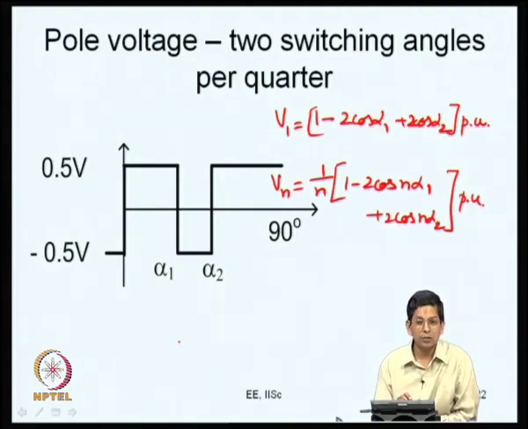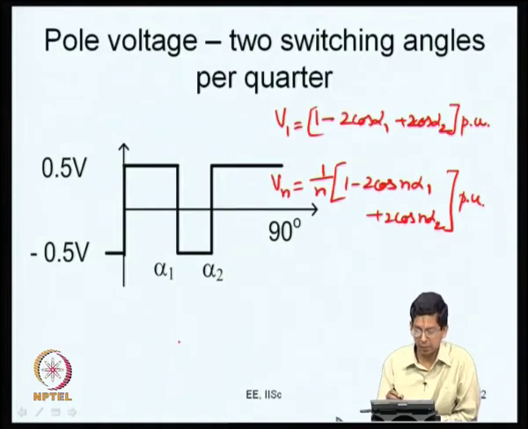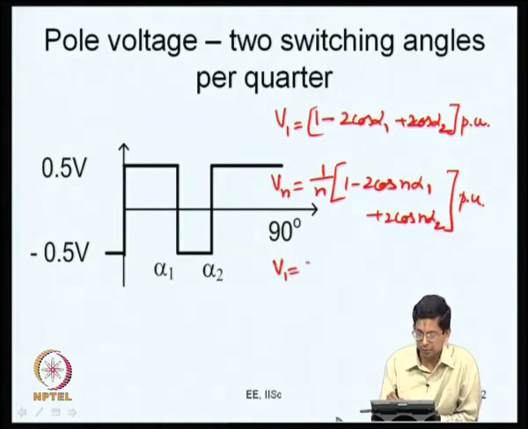For different values of alpha 1 and alpha 2, you will get different values of fundamental voltage. Conversely, for the same fundamental voltage, let me say V 1 is equal to 0.8, there can be several values of alpha 1 comma alpha 2.